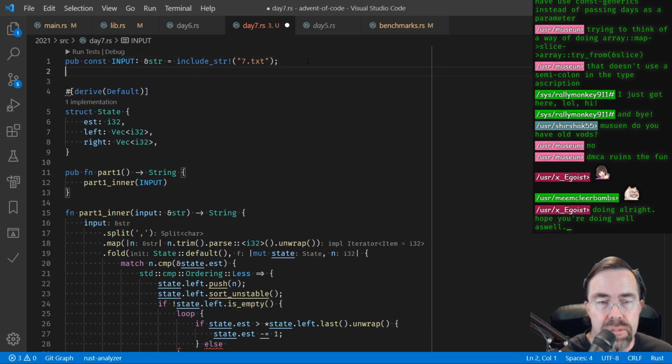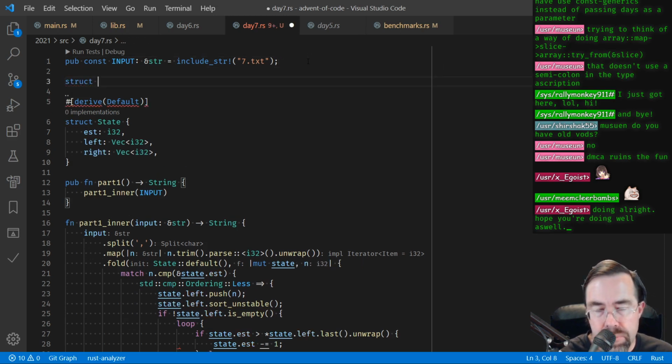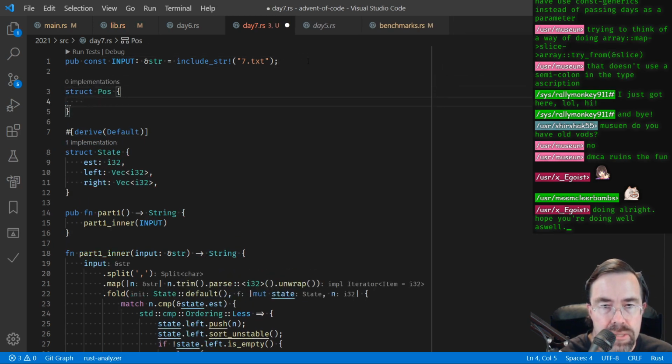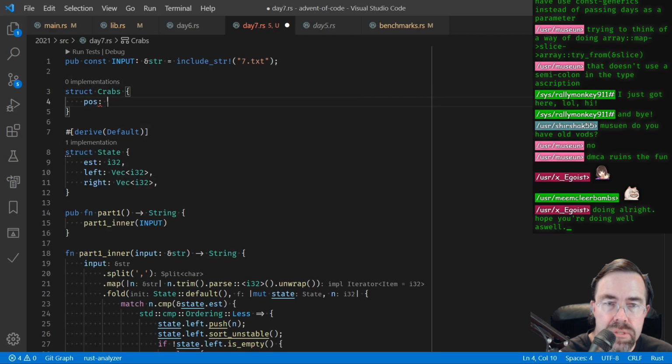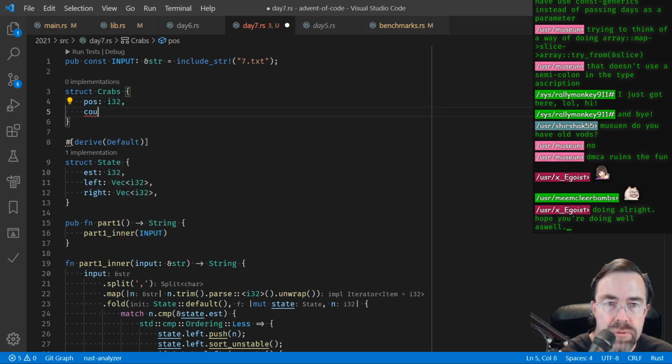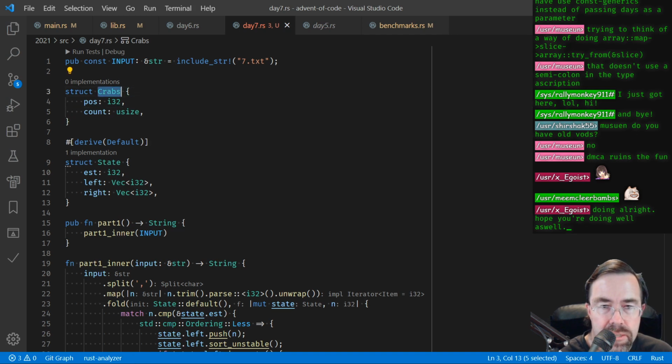So let's make another struct, Crabs: position i32, count usize. There we go. And then left and right are vectors of Crabs.